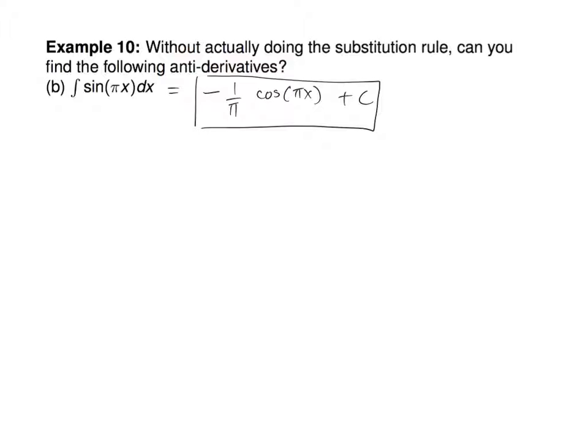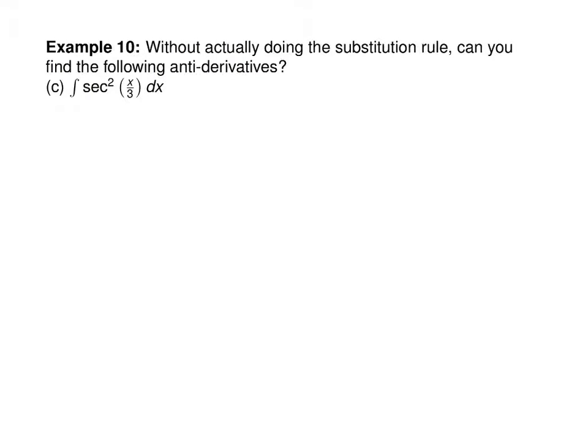And the last one, how about secant squared of x over 3? Yep, so we're going to have tan of x over 3, and then what goes out in front to compensate? A 3. Yep. You could think about that as the integral of secant squared of 1/3 x. Okay? Thanks for being patient.